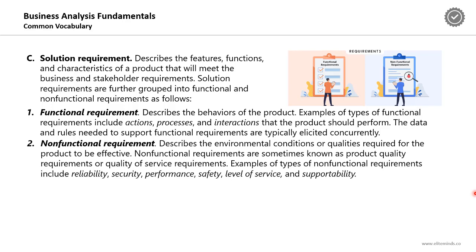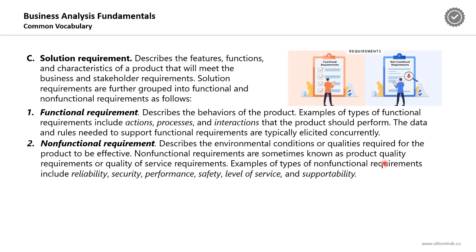The second type is the non-functional requirement, which describes the environmental conditions or qualities required for the product to be effective. So functional requirements will describe the features and behaviors of the product itself, while non-functional requirements are targeting the environmental conditions where the product should be operated.